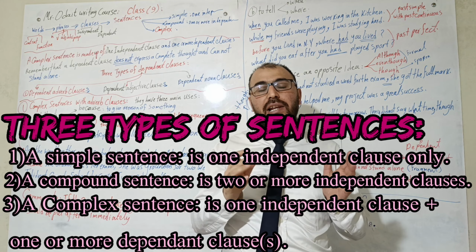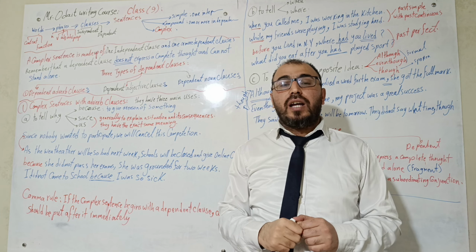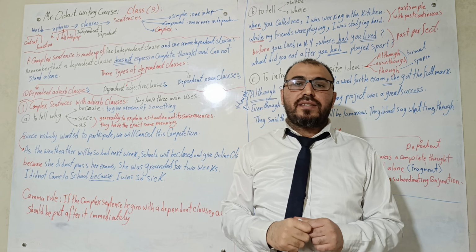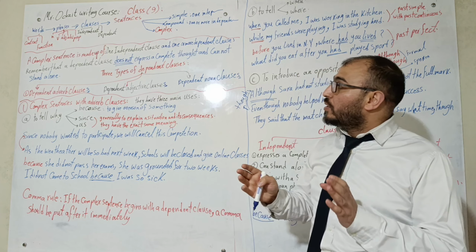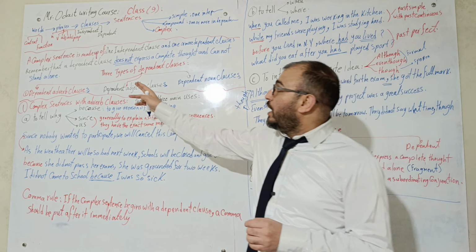And the question, my friends, now is how many types of complex sentences do we have? Generally, because we have three types of dependent clauses, we have three types of complex sentences. And here we have the first type of dependent clauses, which is called dependent adverb clauses. And we have dependent adjective clauses and dependent noun clauses.